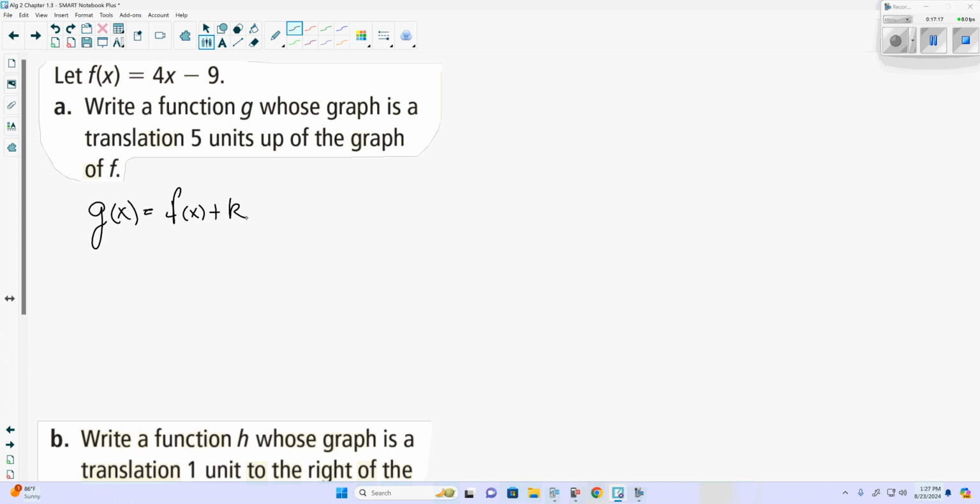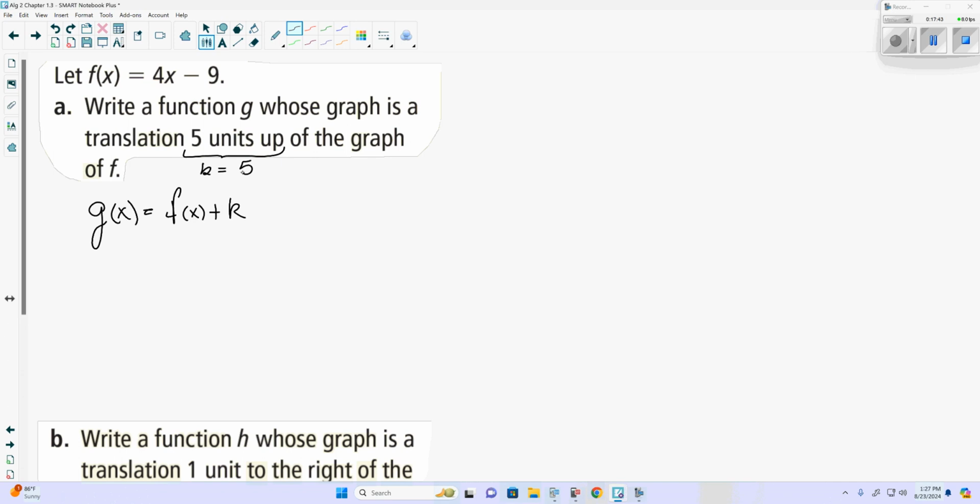Now, as I said before, we could have it different from f of x. F of x is just the function we're applying it to. So if we wanted to apply it to g of x, we would just say g of x plus k. It's just taking a spot. Now, we need our value of k, how far we're moving it up or down. So we're moving it up 5, so k is 5.